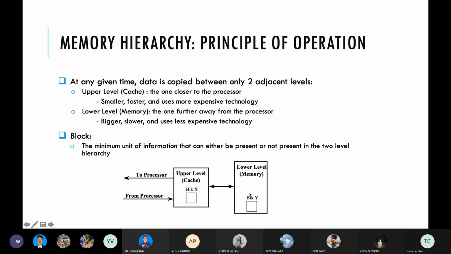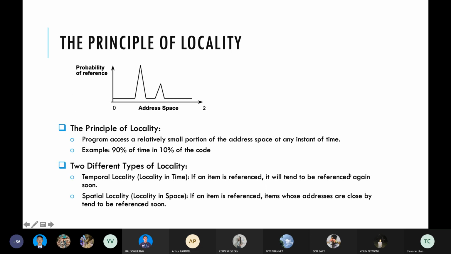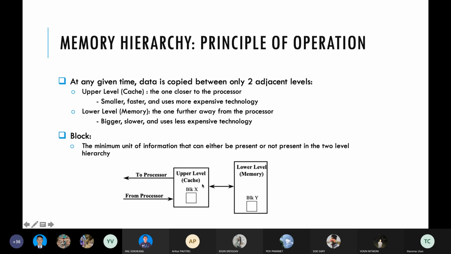And after that, we need to copy the data back to the cache, because we think that if data is accessed now, it tends to be accessed again in the near future. That's based on temporal locality. That's why we copy the data back into the cache.